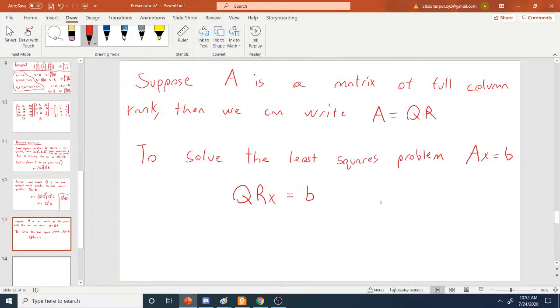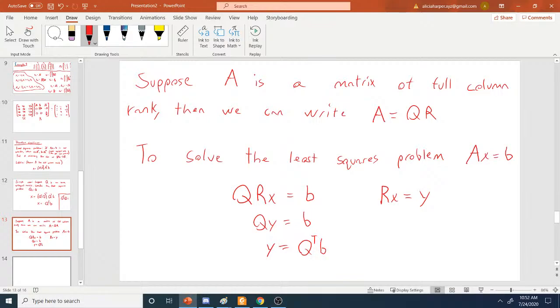And we're going to set Rx equal to y. So this becomes Qy is equal to b. And we already know that the solution to this is simply y is equal to Q transpose b. That's the least squares solution.